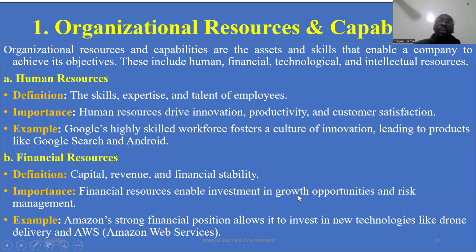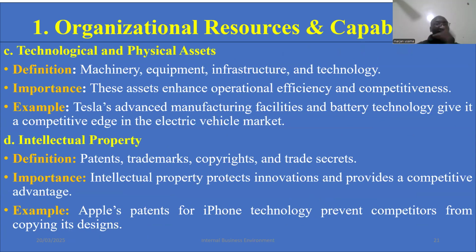If you don't have money, you cannot expand, you cannot invest. Many organizations, for example Amazon, have financial strength, even Dahabshil Bank. Dahabshil Bank is one of the most stable banks in the world, but some banks are not that stable.